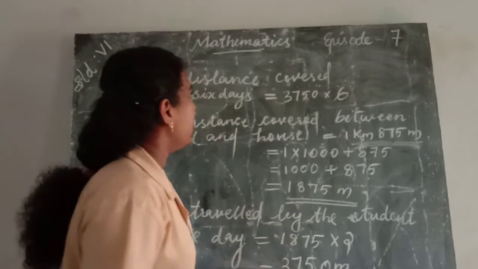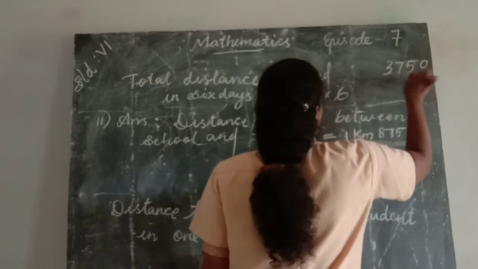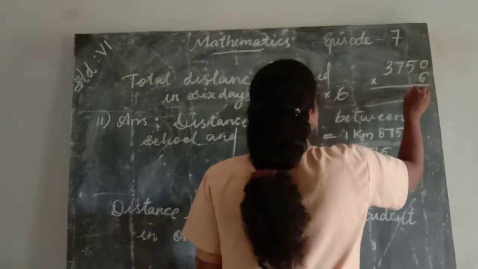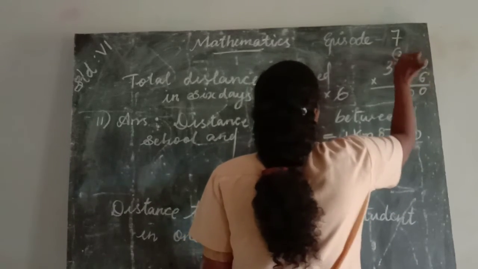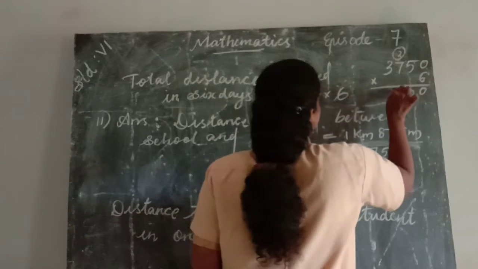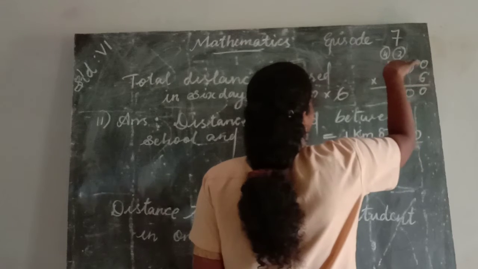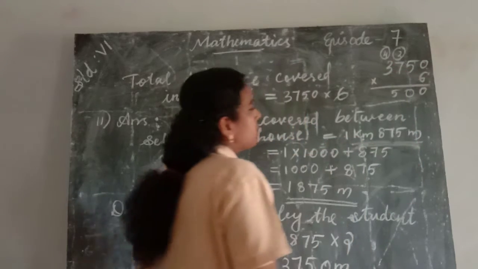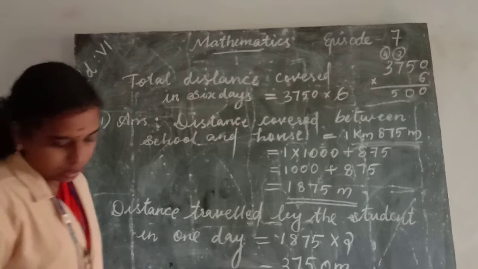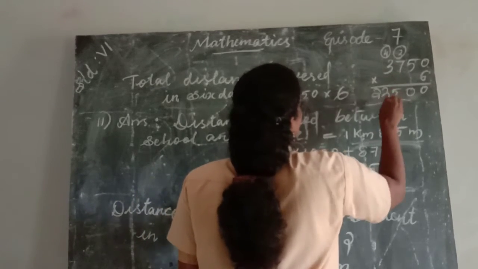And for multiplying 3750 into 6, we get 6 into 0, 0. 6 5s are 30, remainder 3. 7 6s are 42 plus 3, 45, 5, remainder 4. 6 into 3, 18, 18 plus 4, 22.